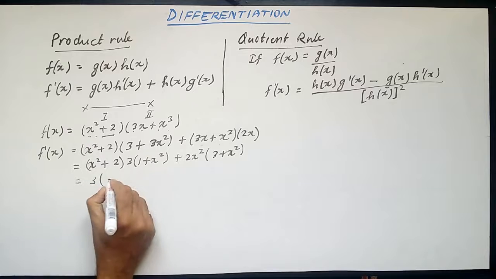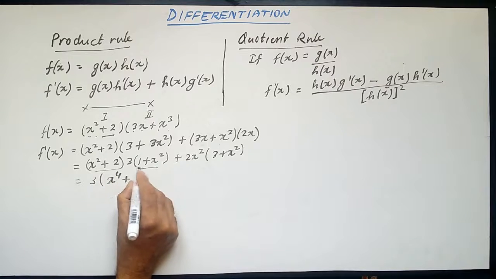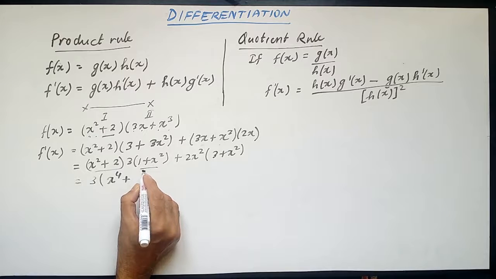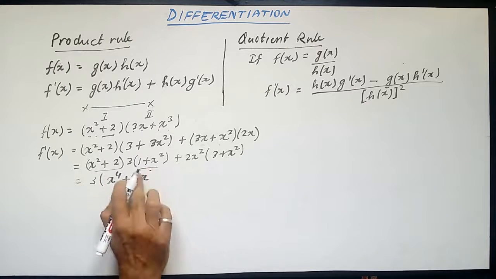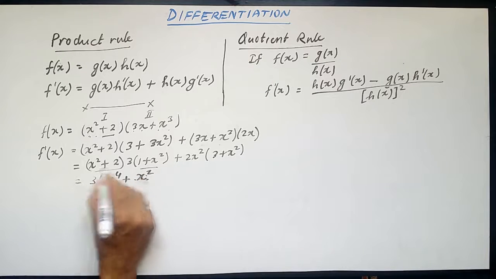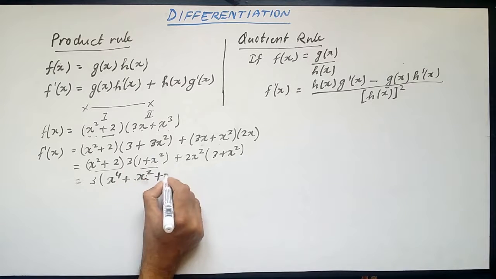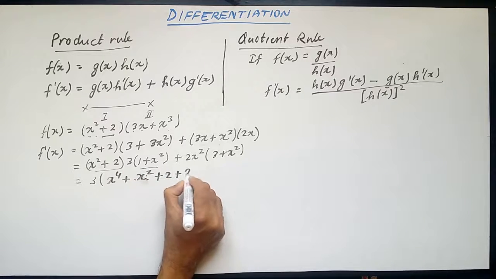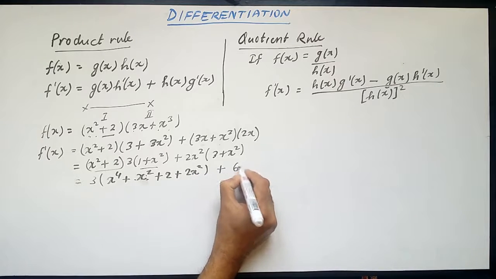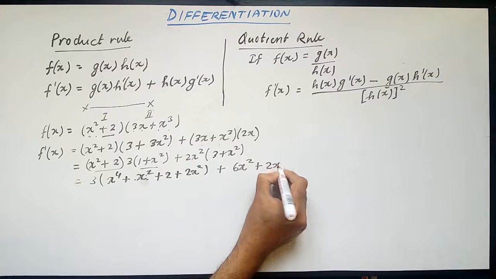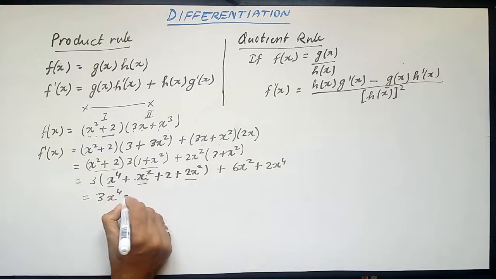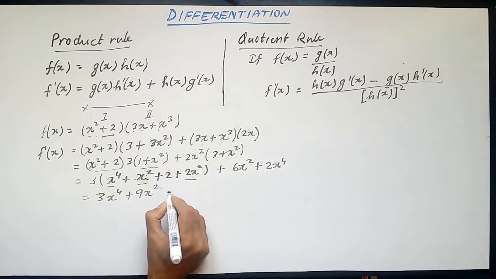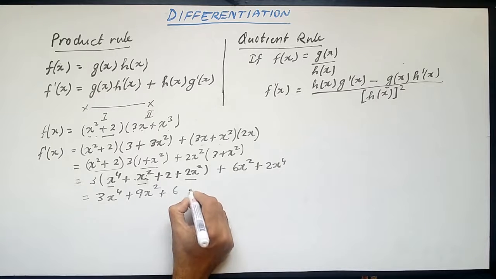So it is 3 into (x squared plus 1) into (x squared plus 2), that means x to the power 4 plus 2x squared plus x squared plus 2, which is x to the power 4 plus 3x squared plus 2, times 3, giving 3x to the power 4 plus 9x squared plus 6.